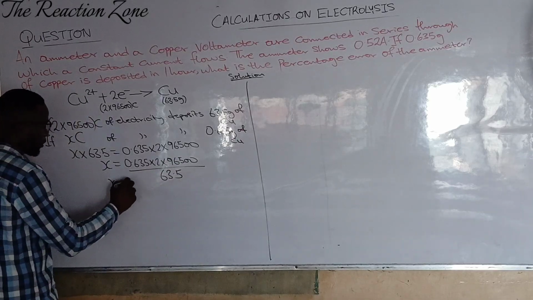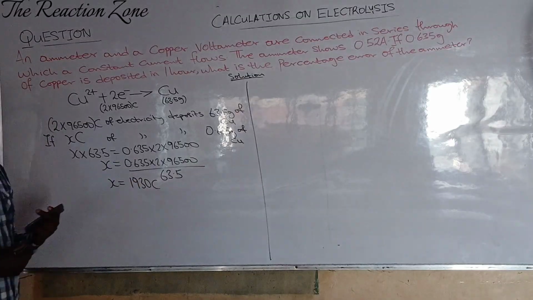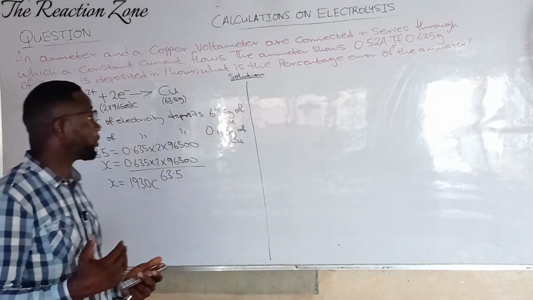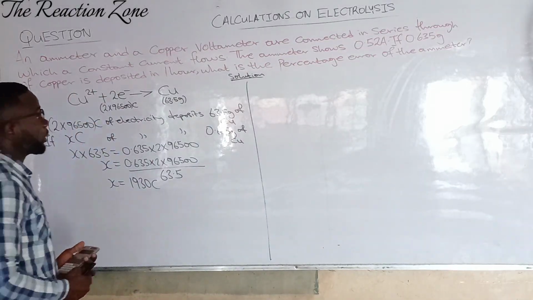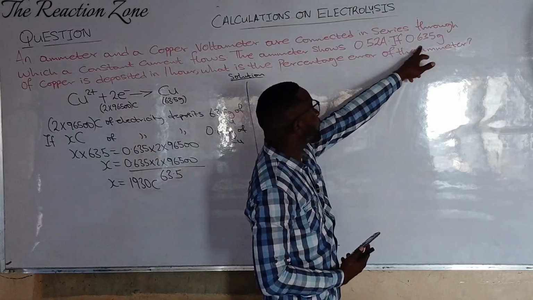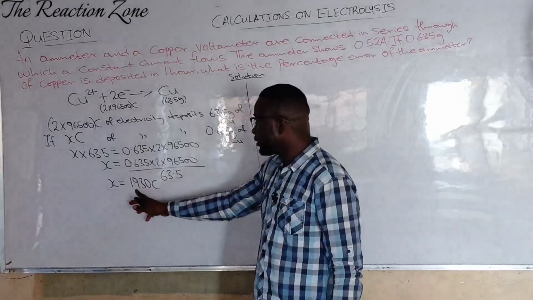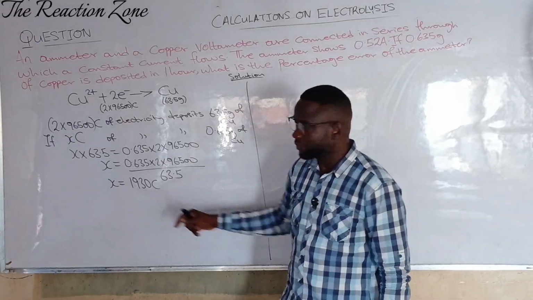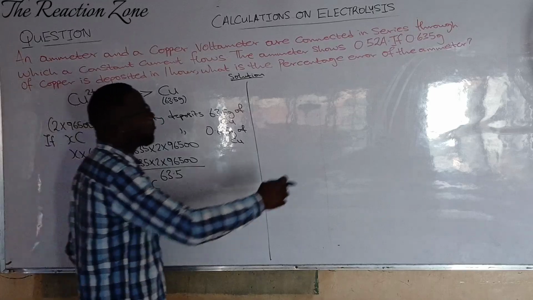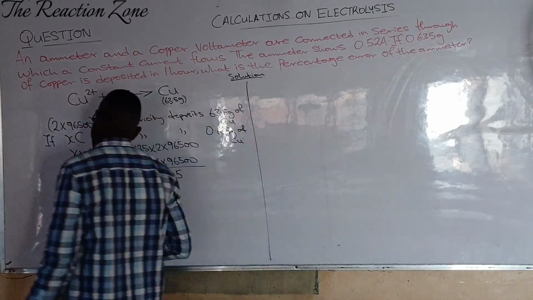And this is going to give 1,930 coulombs. So the quantity of electricity or electric charge that deposits 0.635 grams of copper is 1,930 coulomb.